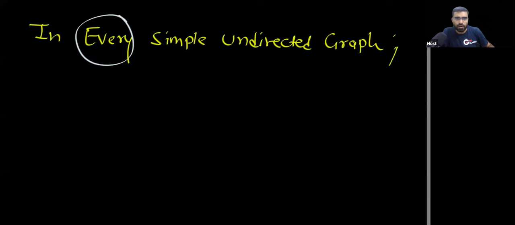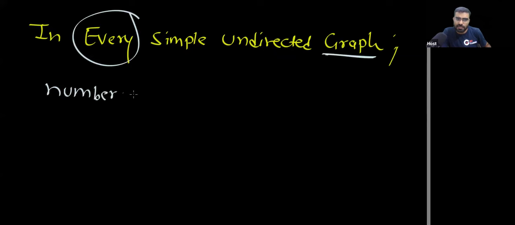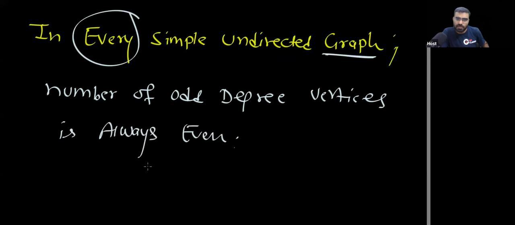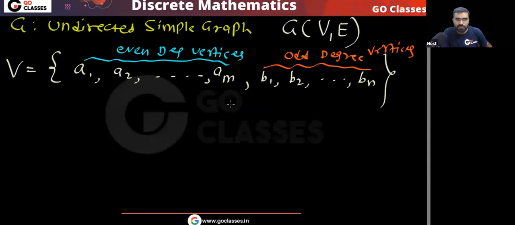Whatever graph you take, how many odd degree vertices you have is always even. Yes or no? This we already know.